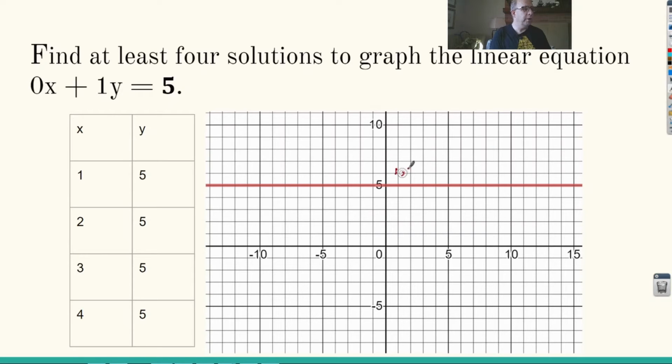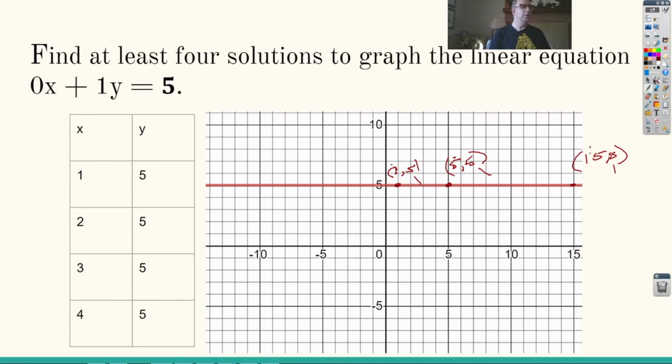So 1, 5 would be this point right here, and this point would be 5, 5, and this point would be 15, 5. Whatever number I pick for my x, my y always equals 5.